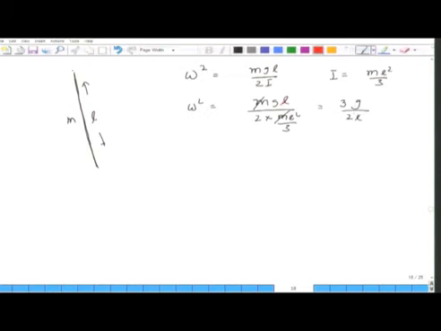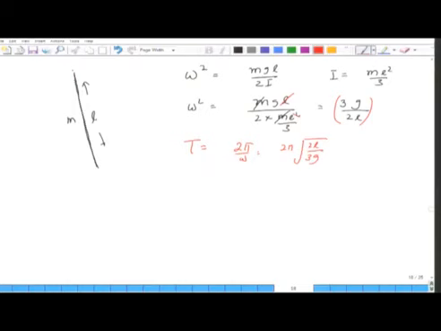One of the L's also cancels, and the time period T is going to be equal to 2 pi over omega, which is 2 pi square root of 2L over 3g. So, this is slightly different, the time period is slightly different than that for a simple pendulum where all the mass was concentrated at the end.